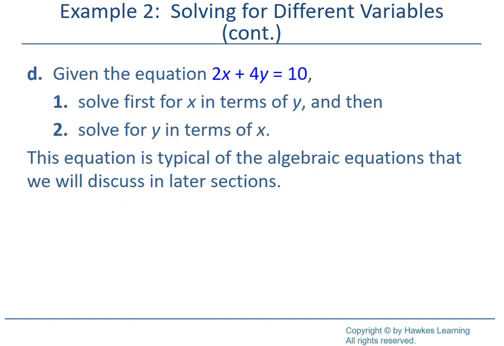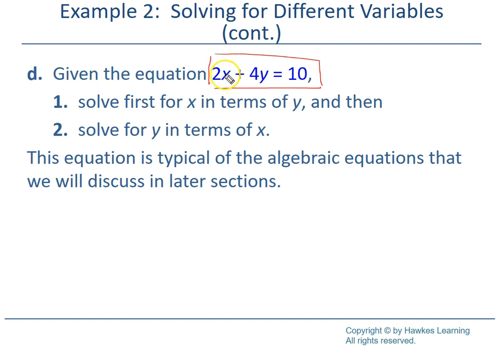Okay. Now, here they want us to solve this equation for x in terms of y, and then later we'll solve it for y in terms of x. So this is going to be a rather famous equation that we're going to use in our next chapter as we start to do some graphing work.